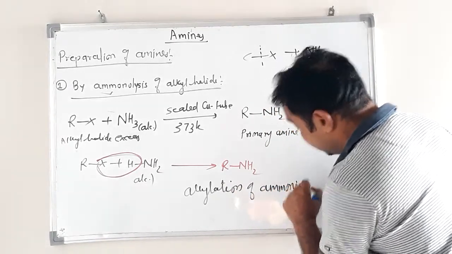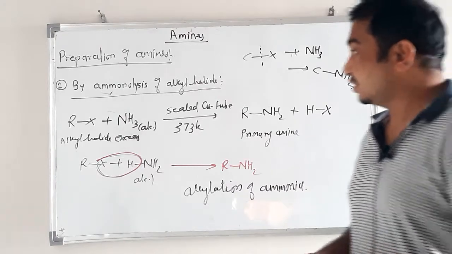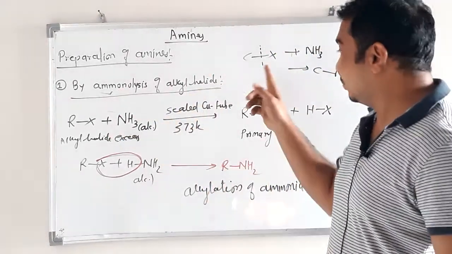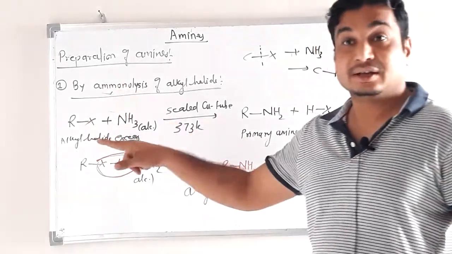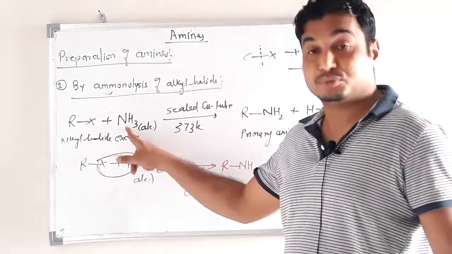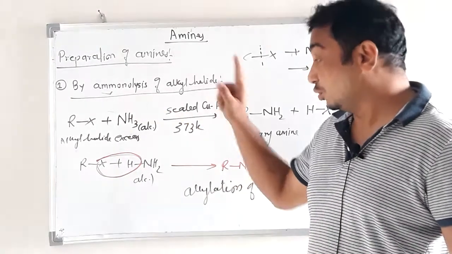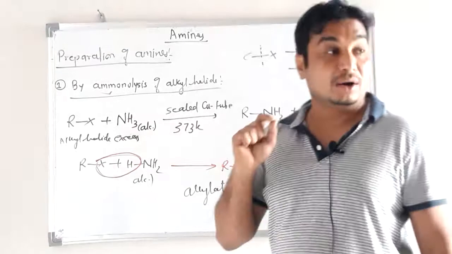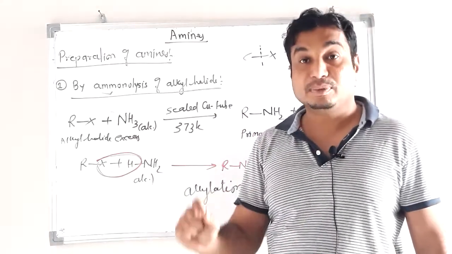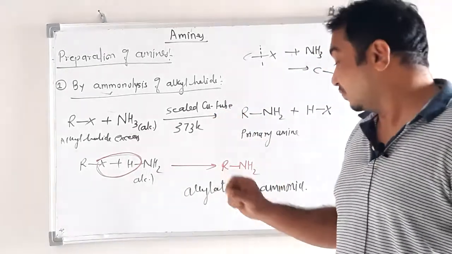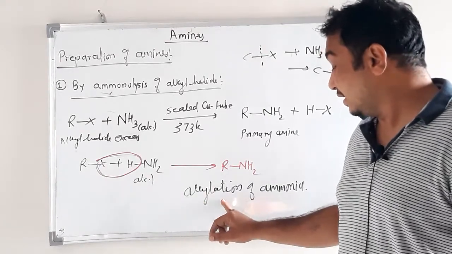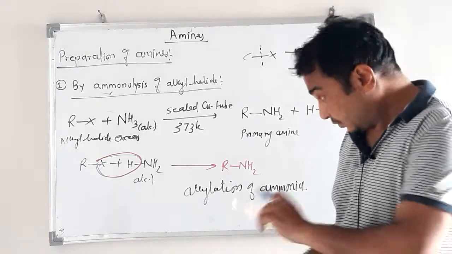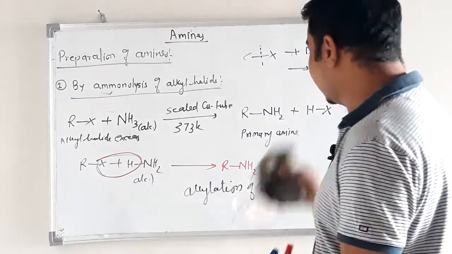So, this is another name for this reaction. One name is ammonolysis of alkyl halide, because the R-X bond is broken using ammonia. As well as in this reaction, a hydrogen atom of ammonia gets replaced by an alkyl group. Therefore, another name is alkylation of ammonia.